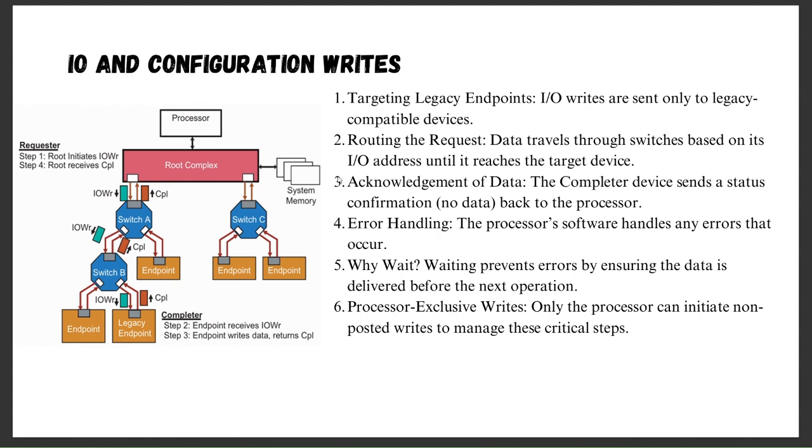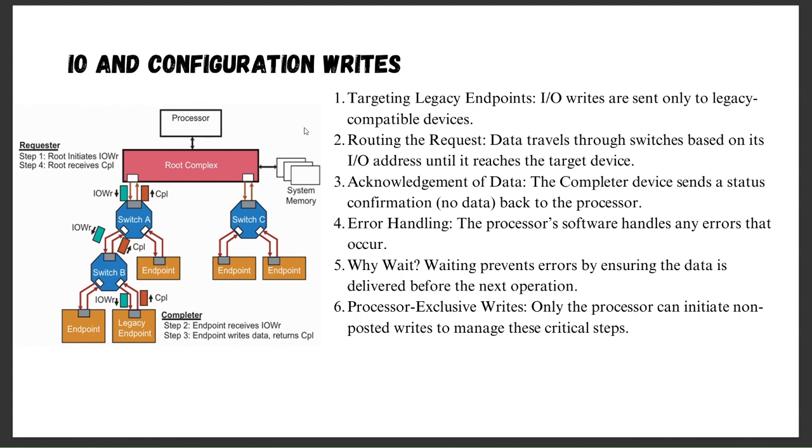Then, once the target device receives the data, it sends back a confirmation message to the processor. The confirmation does not contain any data, it is just a status field indicating whether everything went okay or if there was an error.